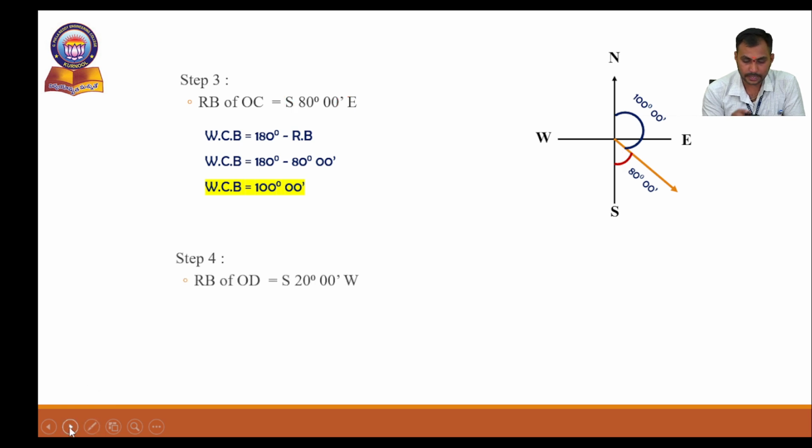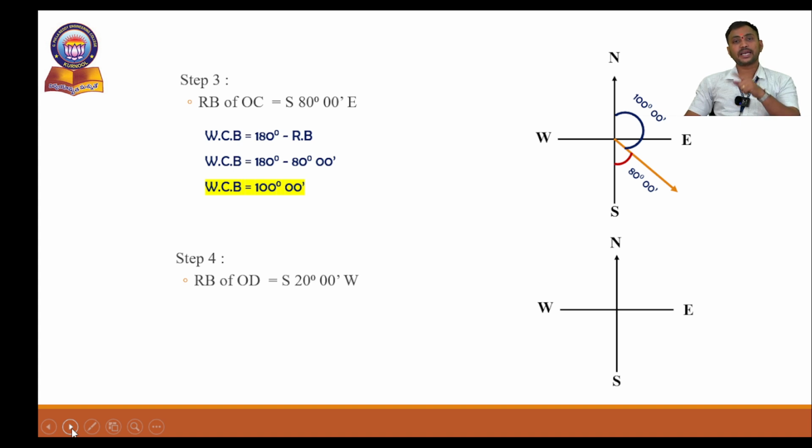And the last one, the given reduced bearing of object line OD is south 20 degrees west. So first draw the direction line diagram. Where will the 20 degrees come: northeast, northwest, southeast or southwest? In our question it is mentioned south to west. From south towards west, just draw the 20 degrees.